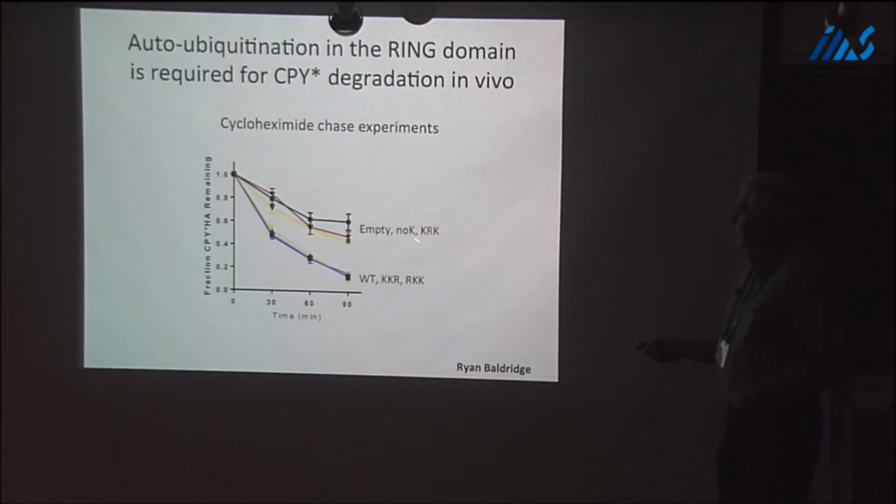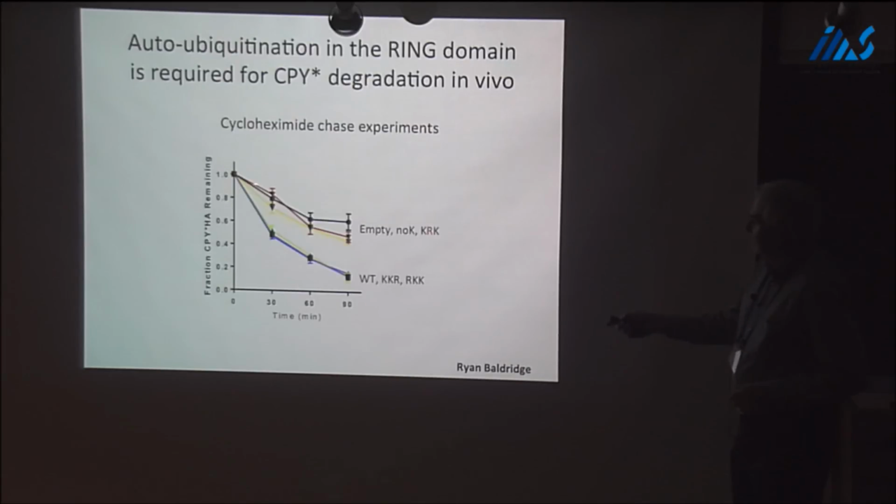And in vivo, we see a similar thing here. What you do here is look at CPY degradation in vivo by cycloheximide chase experiments. At time point 0, you add cycloheximide to block new synthesis of protein. Every protein that was made before will then be degraded with time.